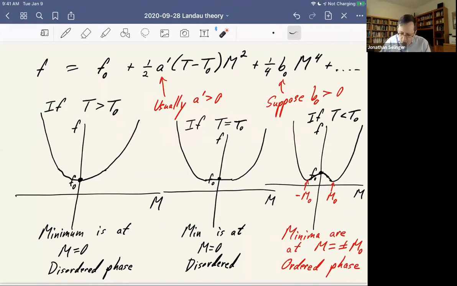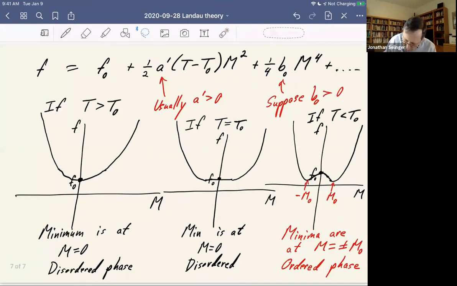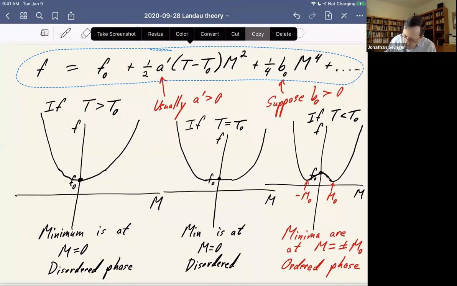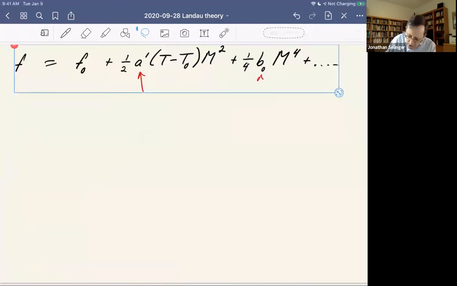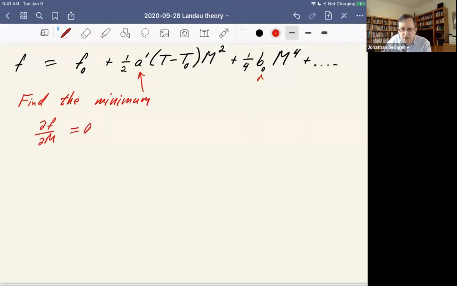So if we have this equation for F, which I will copy and paste, and if we want to find the minimum, that means we'll take dF/dM equals 0.